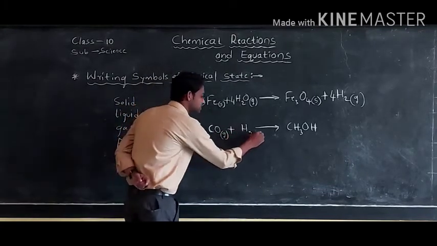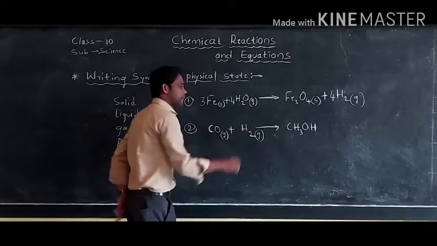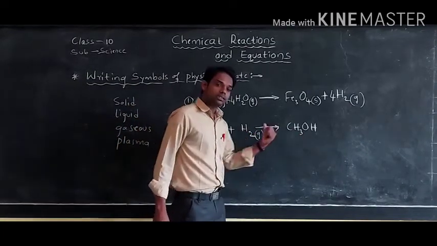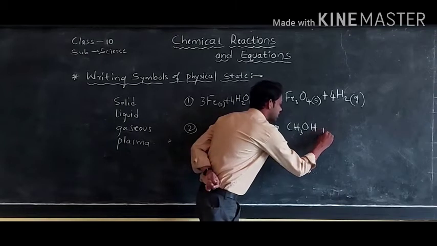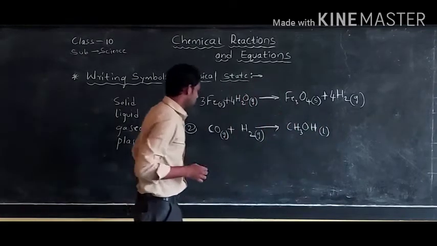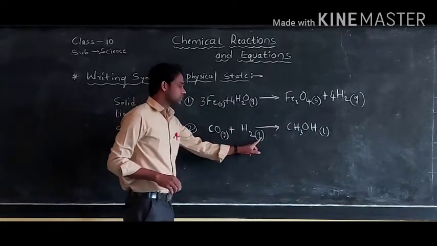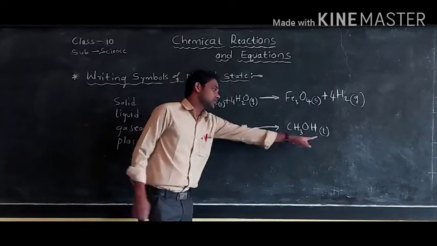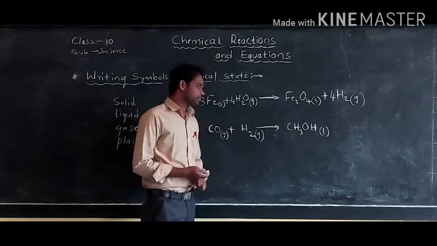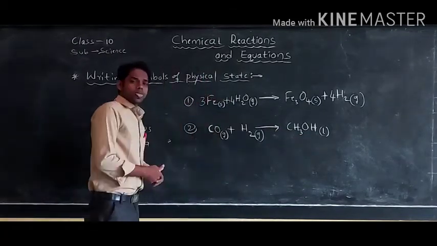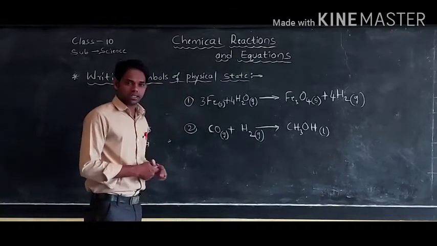Hydrogen is also in the gaseous state. Methanol is in the liquid state. Then I will write L here. G means gaseous. L means liquid state. Now I will write the physical states.